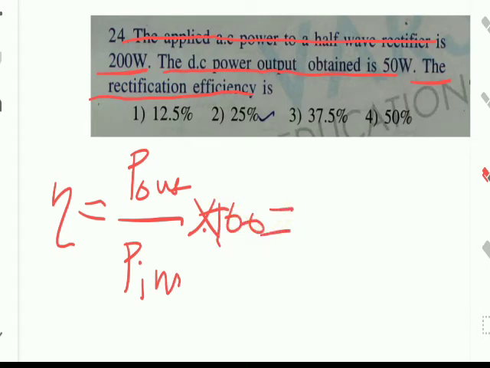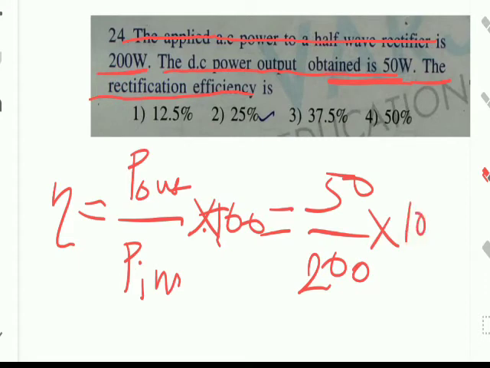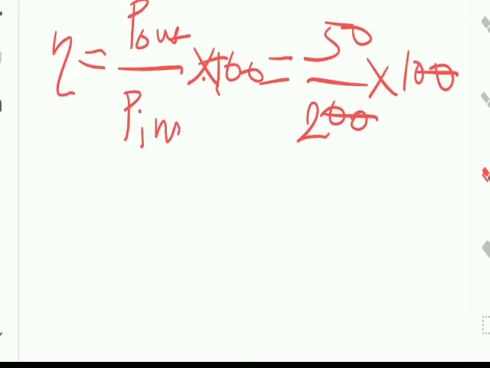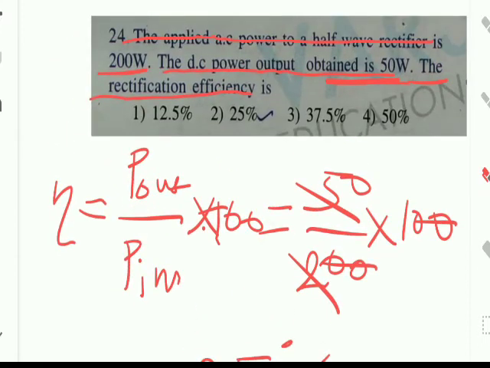So output power 50 watts, input power 200 watts, into 100, then 25%. Efficiency is 25%. Our answer is 2. Option 2 is our right answer.